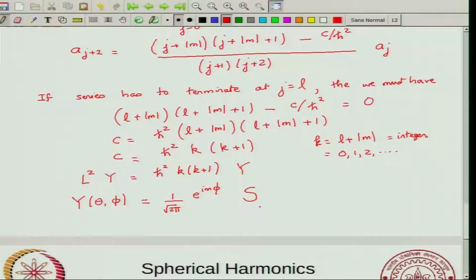I would just like to make a small change of notation. Let me call the place where the series terminates k.